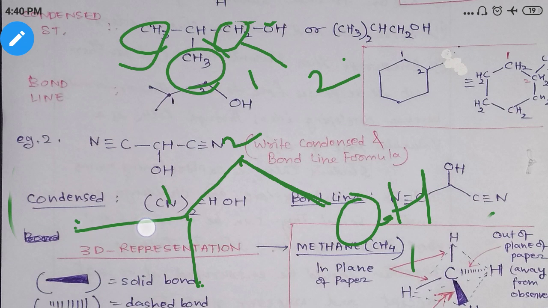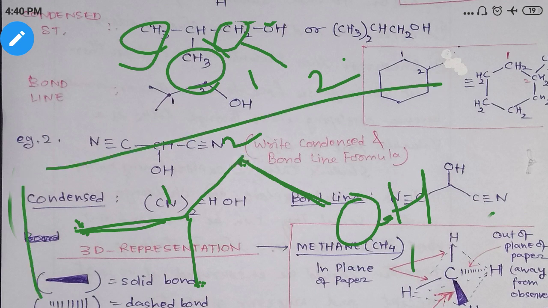And this is one bond, right? So how many other bonds are there with carbon? 3. So how many hydrogens will be there with this C? 3 hydrogens. That means this group is CH3, this group is CH3, right? So our work is done. This is the bond line formula of this compound.